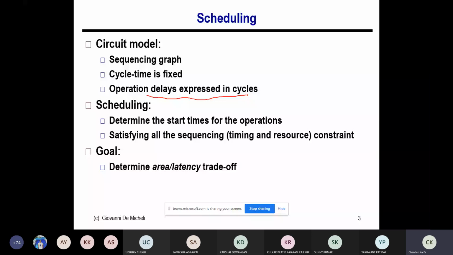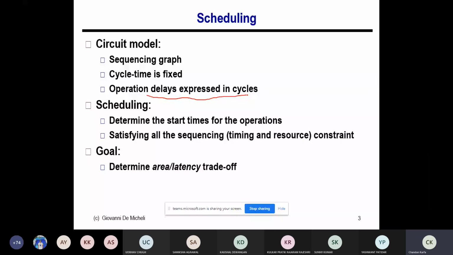Suppose there are 4 adders; to execute in one cycle you need 4 adder units, and if you want to execute in 4 cycles, you need only 1 adder, right? So 4 cycles versus 1 cycle. Obviously your area will increase if your latency improves, and if your latency worsens, you can improve the area. So this is basically a trade-off.